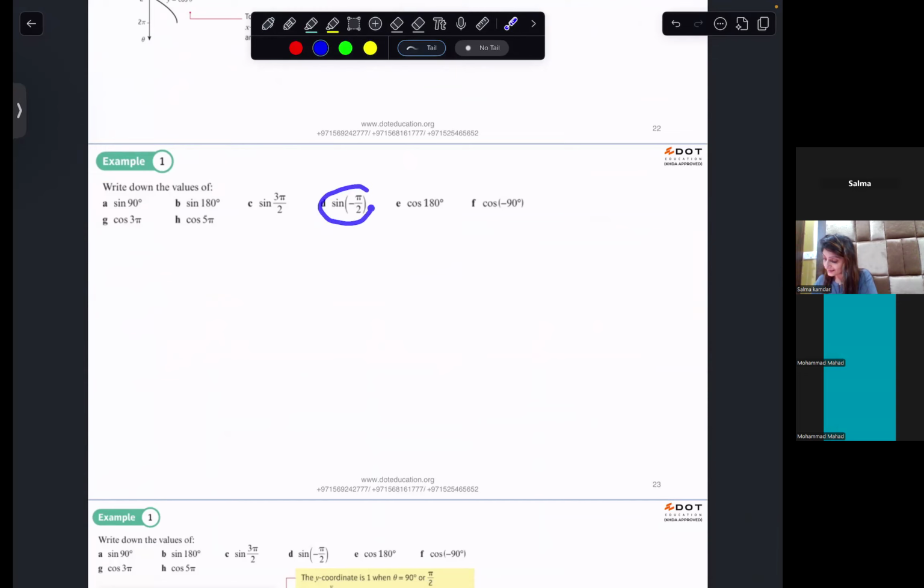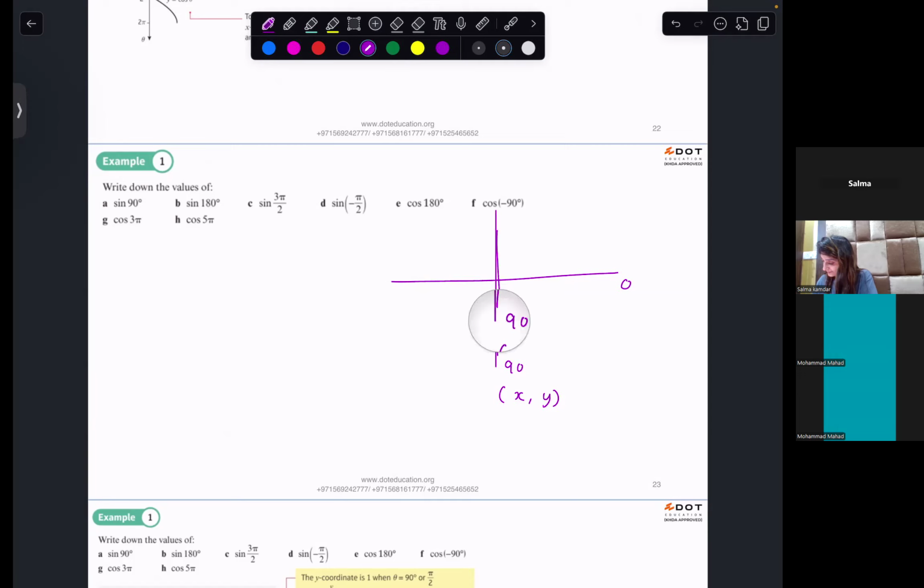Sine minus 90. What is the x coordinate over here? 0, and the y coordinate is minus 1.